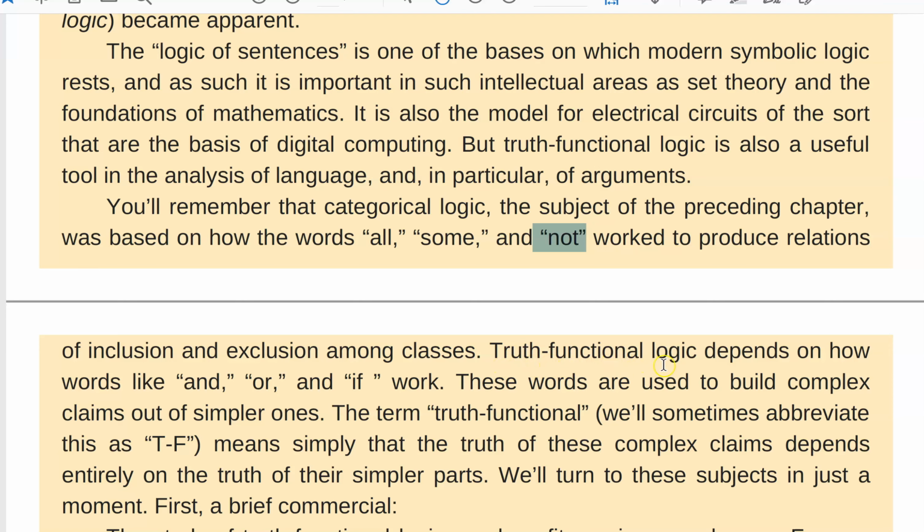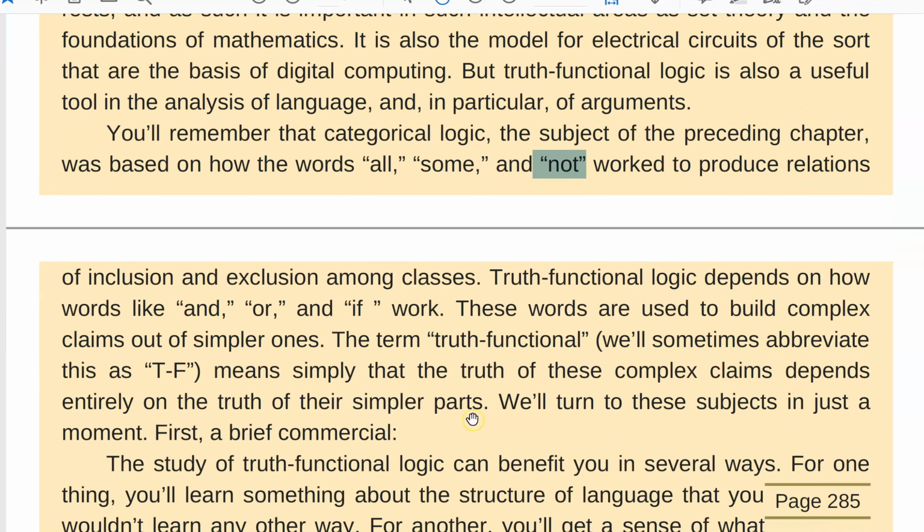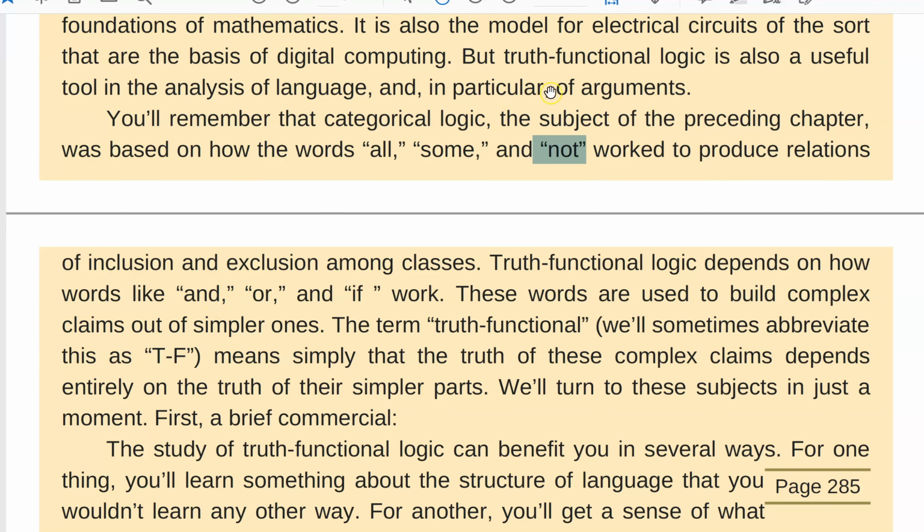Truth functional logic depends on how words like and, or, and if work in claims. So we'll be building claims that are much more complex than all, some, and not. This is a much more versatile kind of logic than categorical logic. This is the one I really love, and this is kind of what persuaded me to become a philosopher.